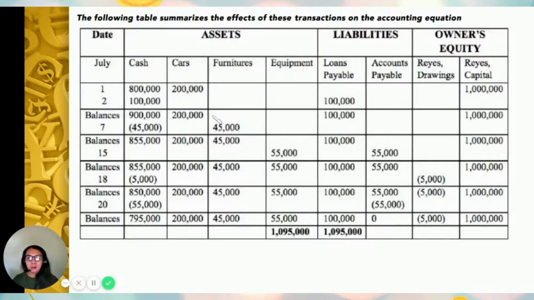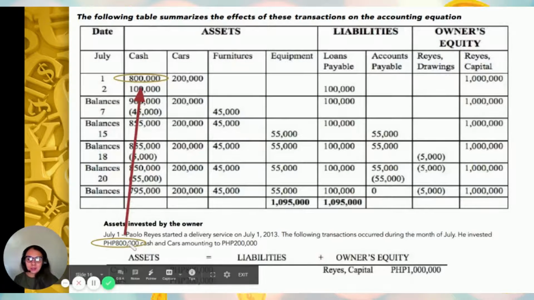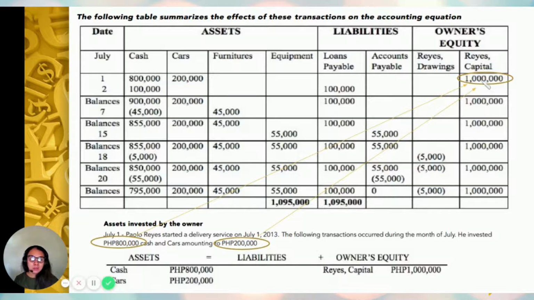This is the summary of the transactions that we discussed earlier. And remember, the first one was assets invested by the owner. So that's 800,000 in cash, and 200,000 worth of cars, and the total was 1 million.